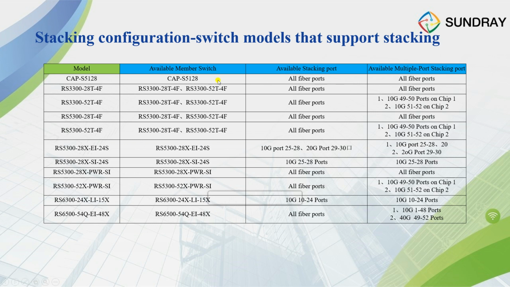For example, for the RS3352 model, if you want to use two ports, you need to use ports 49 and 50 from chip one. You cannot use one port from chip one and another port from chip two. In this way, you cannot do the stacking.